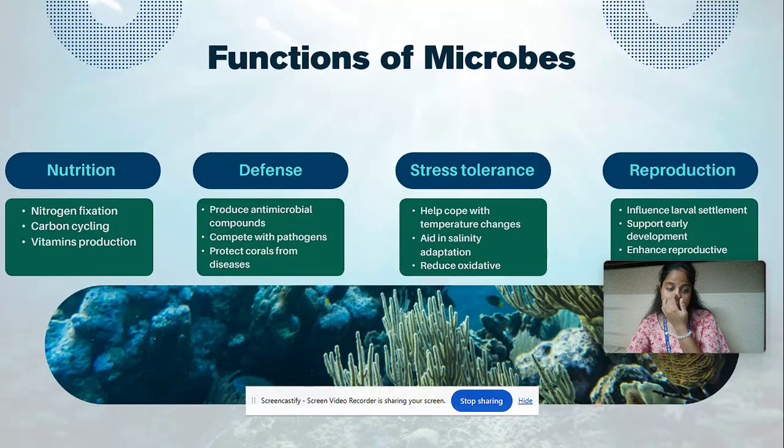In nutrition, they help in nitrogen fixation, carbon cycling, and vitamin production. For defense purposes, they produce antimicrobial compounds, compete with pathogenic microorganisms, and protect coral from various diseases. For stress tolerance, they help corals cope with temperature changes.